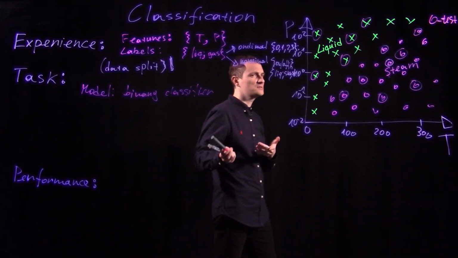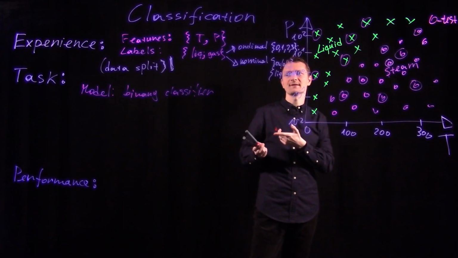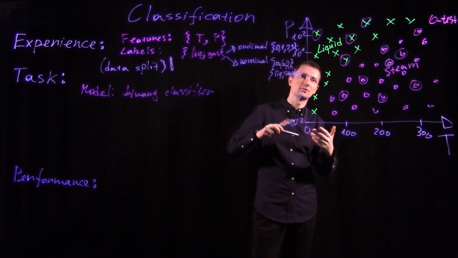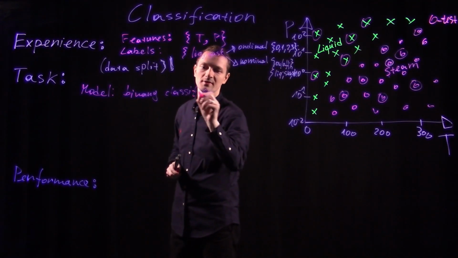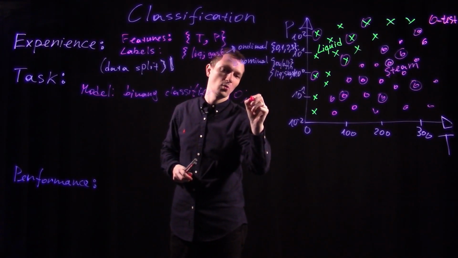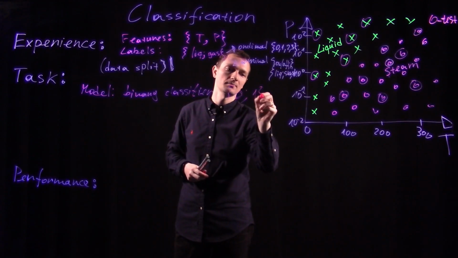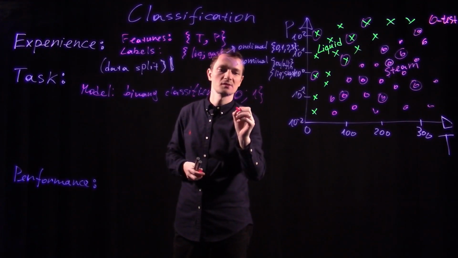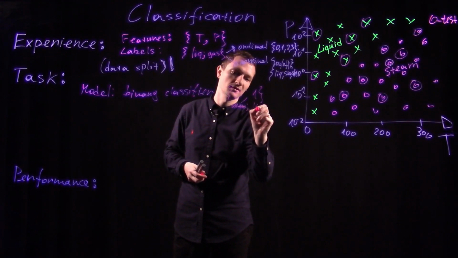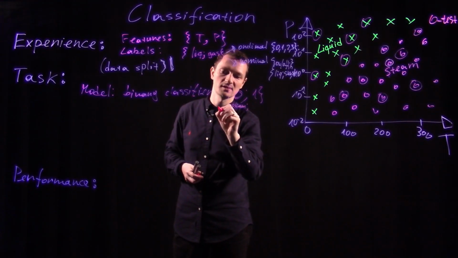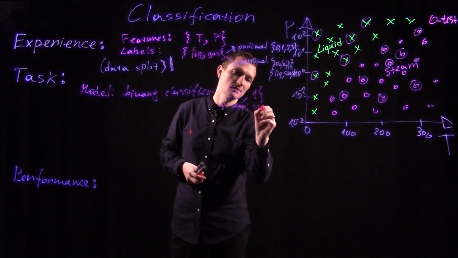Why binary? Because we have only two classes. Either it's liquid or not. If it's not liquid, that means it's steam. So we have either zeros or ones. And for example, we say 0 is for steam and 1 is for liquid. Or for example, let's say not steam and steam.